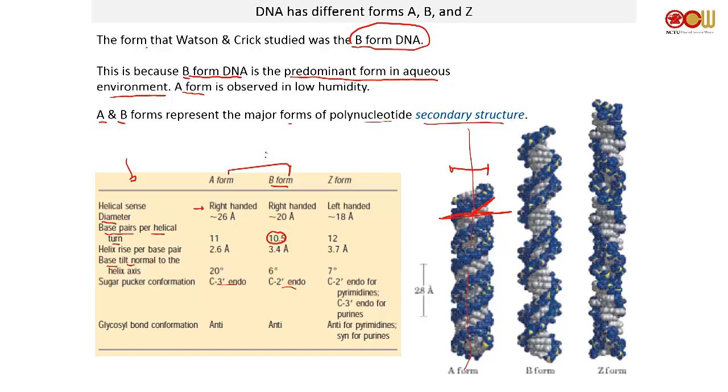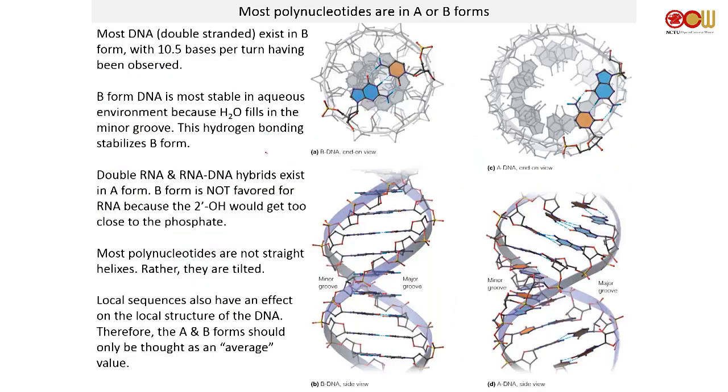Now, obviously you're wondering how this is relevant to you, so let's take a look. Most of the DNA that we study, or that we see in double-stranded form, exists in the B form. It has 10.5 bases per turn.